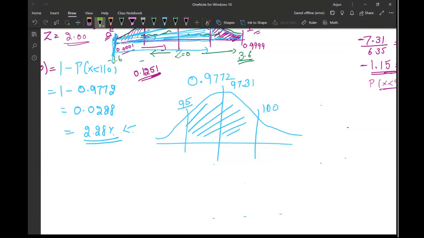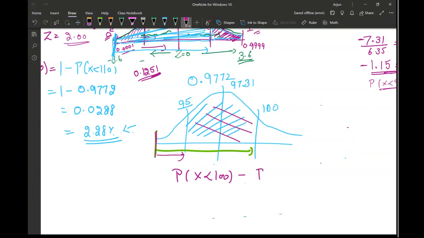I'm going to find the probability from here up to this point minus the probability from this point to this point. If I subtract that, I'm going to get this section. So probability of x less than 100 minus probability of x less than 95 is going to give me the answer.